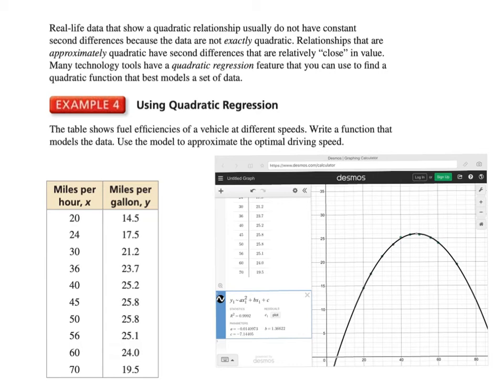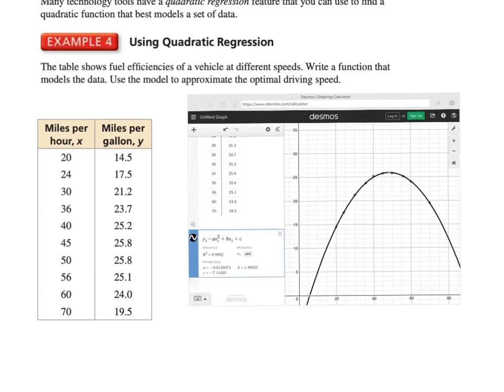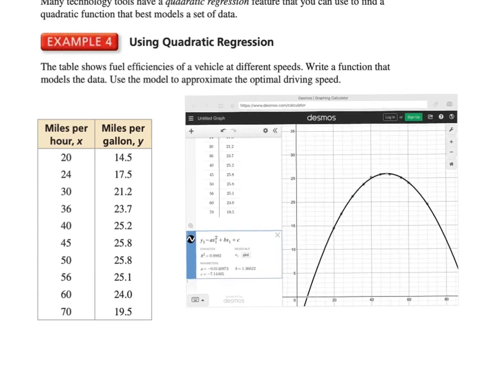And notice how they give you the values for a, b, and c. So all we have to do is write this function. So let's do that. So our equation is y equals a value.